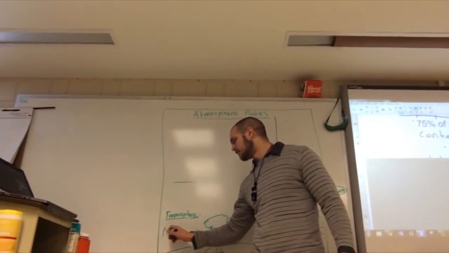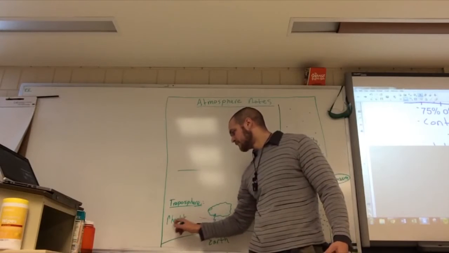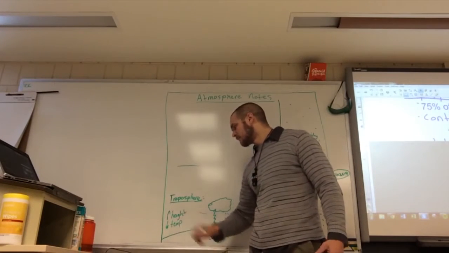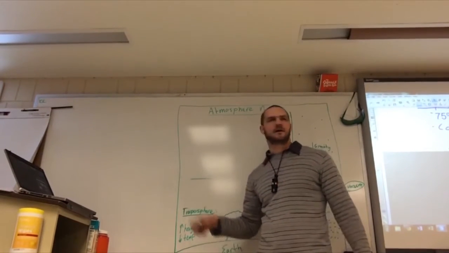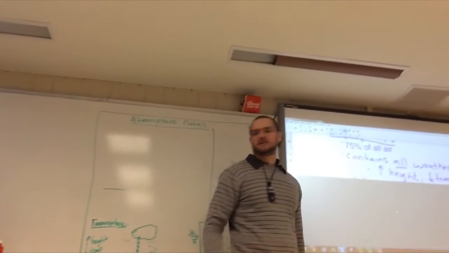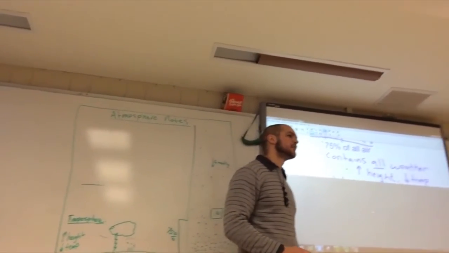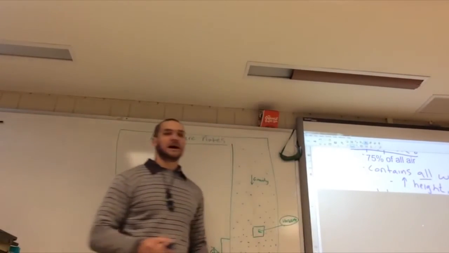But up, okay? If it were me actually taking these notes, I might just put a big down arrow for temperature. But as you go up in height, you go down in temperature. Those are the main things I want you to know about the troposphere. Okay? It's not a lot.